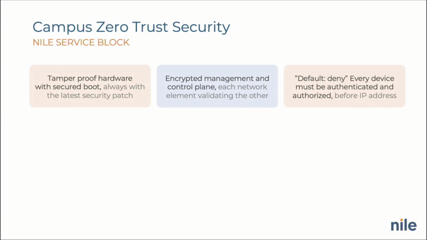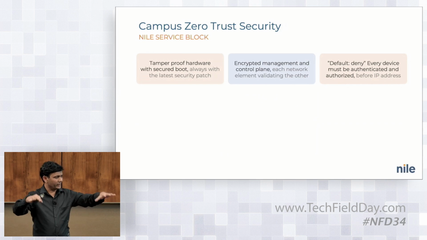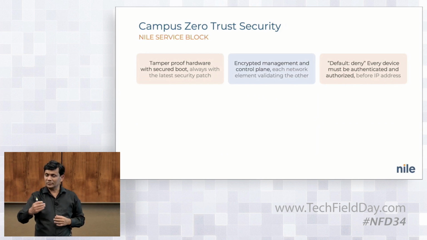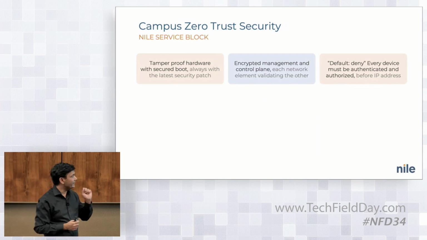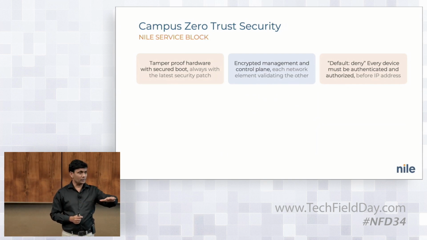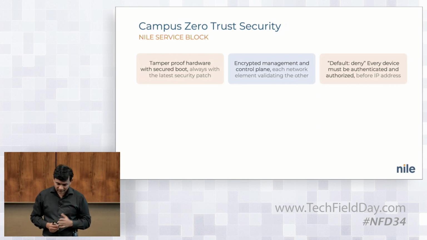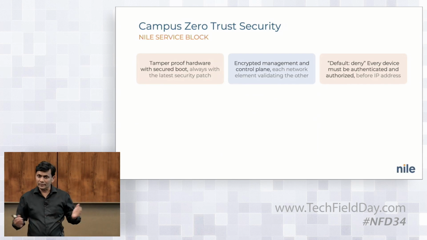And the next one is the control plane. Since you're delivering the service, you're not really controlling the environment. If someone were to snoop the traffic, what happens? The control plane, management plane, data plane, the entire thing is encrypted by the hardware. So no impact to the performance of the user traffic. And then the next one, as he was talking about, someone could walk in and connect to the Ethernet port, and in our case, it's completely locked.